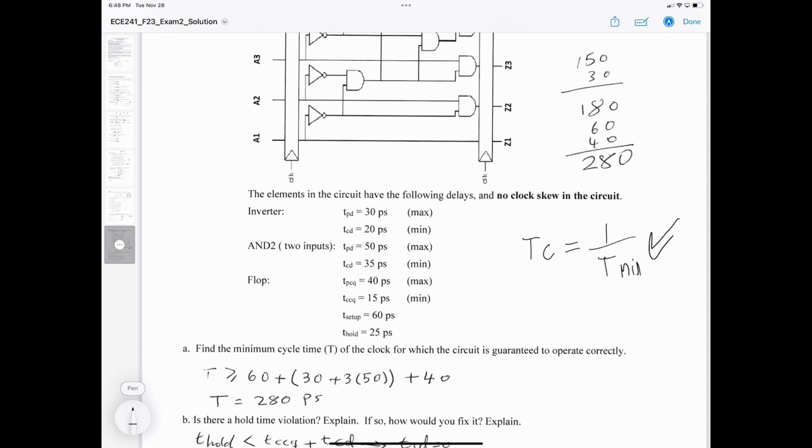So TC is equal to, let me remember, TPCQ plus TPD plus T setup.